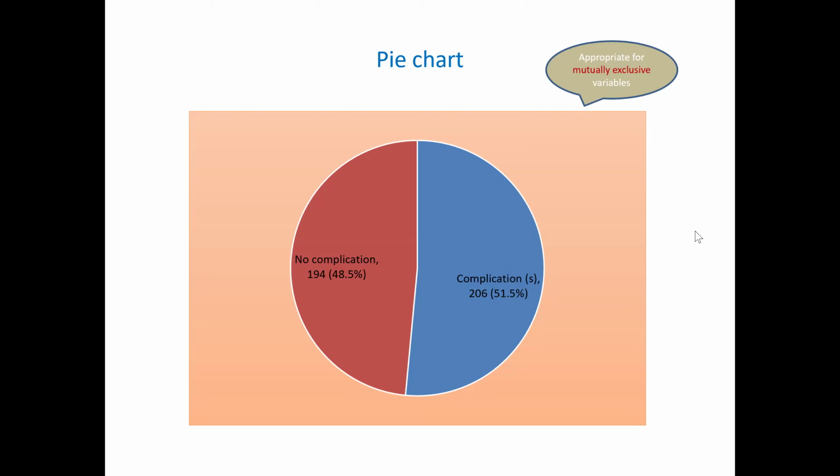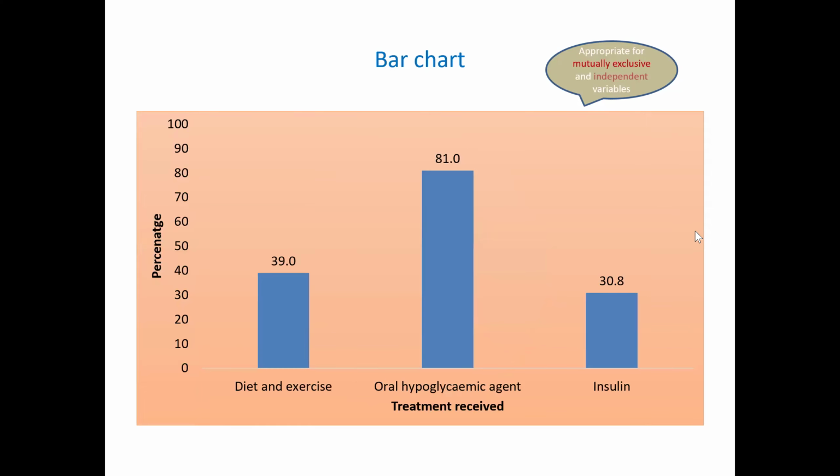But in a situation where the variables are not mutually exclusive, like independent ones, for example yesterday in our SPSS session, we talked about symptoms. When you ask what the symptoms of cervical cancer in a woman are, I would say dyspareunia, pain during intercourse, then bleeding, discharge, foul smelling discharge.